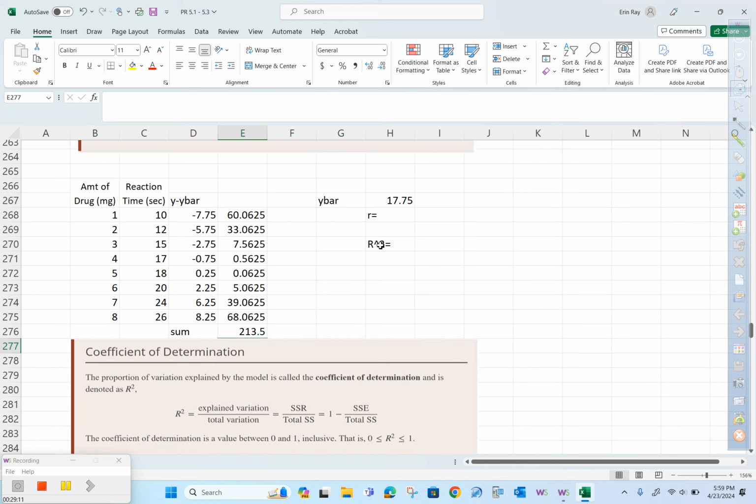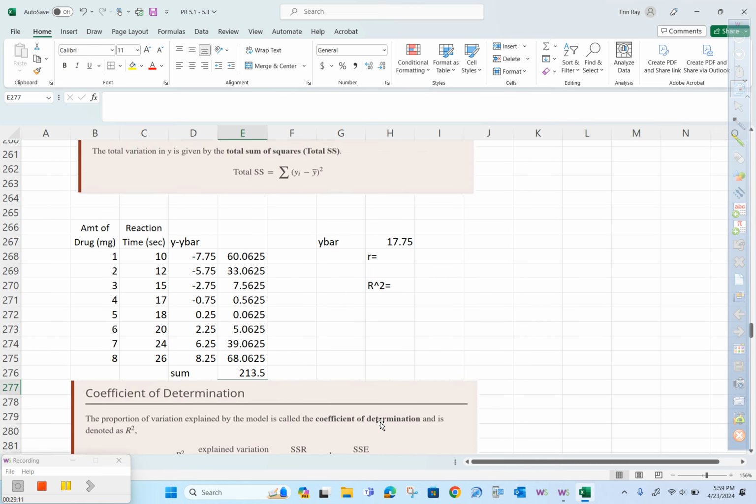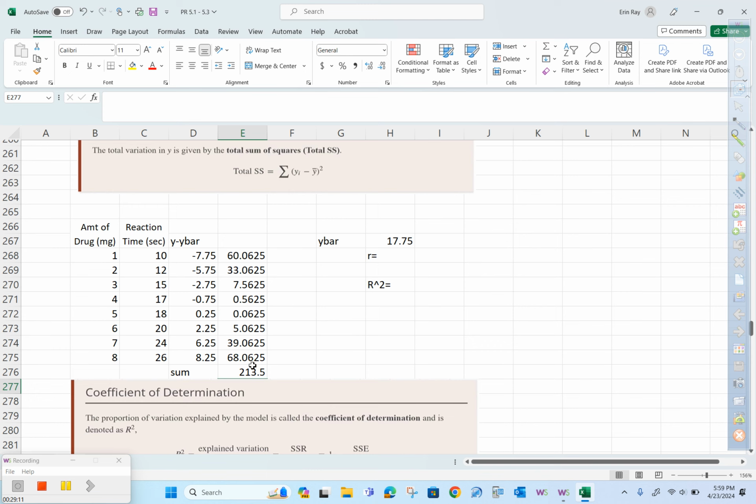That's why I had these values r and r squared, because r squared, even though it's capitalized, is literally our correlation coefficient squared. And the relationship to it, I'm going to talk about this one, is 1 minus the sum of squared errors, what we did a little while ago, divided by the total sum of squares that we just did here.